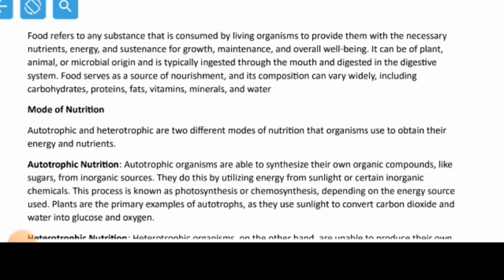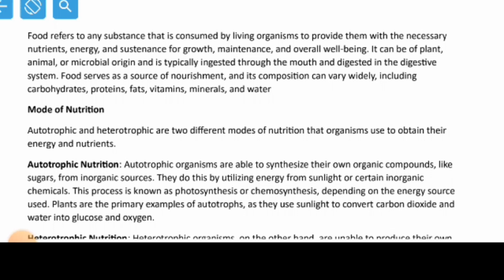It can be of plant, animal or microbial origin, and is typically ingested through the mouth and digested in the digestive system.